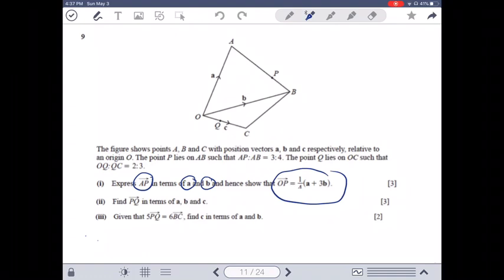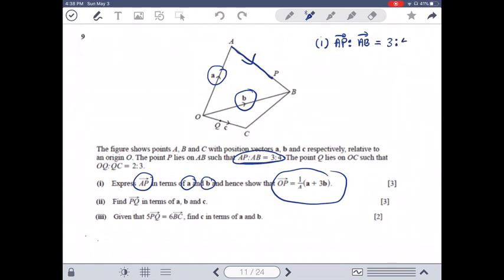Okay, so first we need to express vector AP in terms of a and b. Can we do that? Yes, we can. It is given that AP is to AB is equal to 3 is to 4. So for the first part of that question, we know that the ratio of AP is to AB is 3 is to 4.